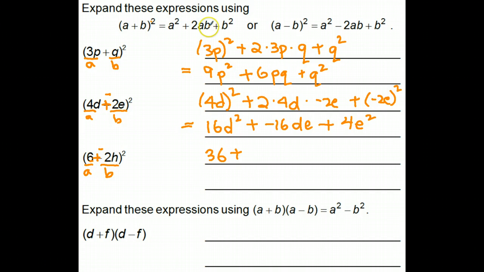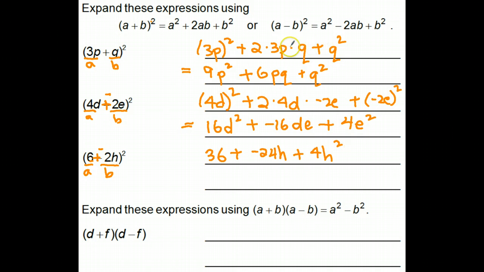So she goes a times b and then times 2, which is probably a little bit easier. So 6 times negative 2 is negative 12 times h is negative 12h. Negative 12h times 2 is negative 24h. And the last term is b squared. Well, b is negative 2h. Negative 2 times negative 2 is 4h squared.